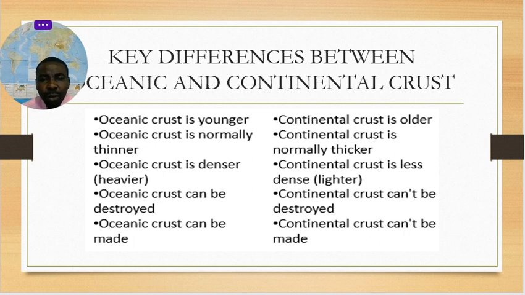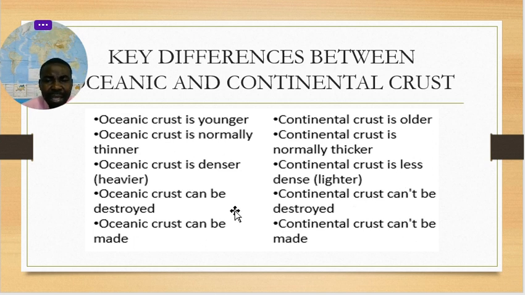The first one is that oceanic crust is younger, while continental crust is older. The second is that oceanic crust is normally thinner, while continental crust is normally thicker. The third is that oceanic crust is denser, that is heavier, while continental crust is less dense.